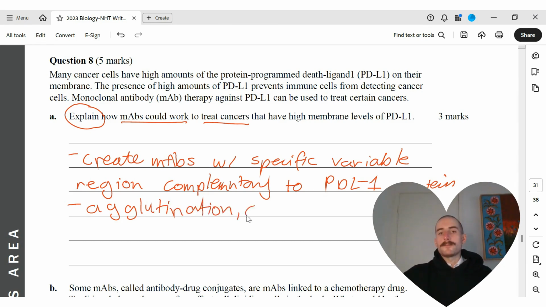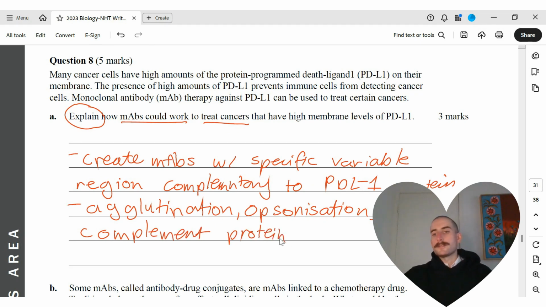We might mention opsonization. We could mention a number of things. These are just two options. We could even talk about the complement cascade or complement proteins. So there's some options here, but you want to talk about one of the functions of antibodies, generally speaking.